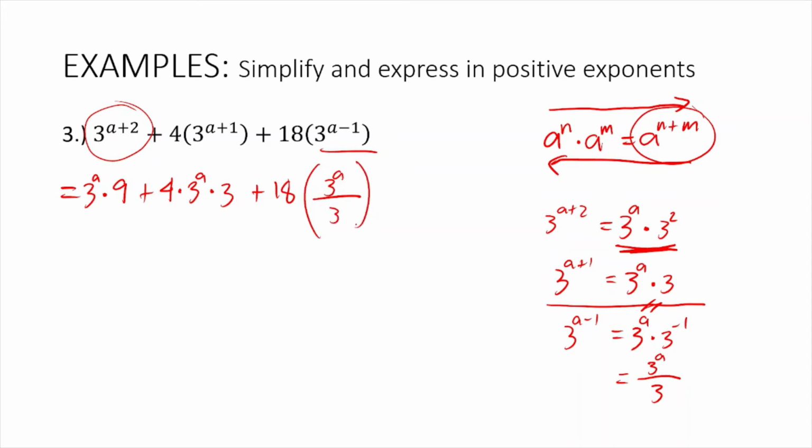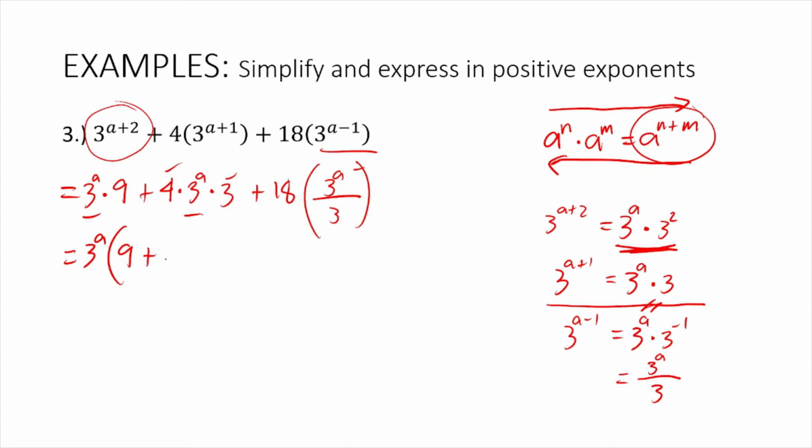Okay? And then, if you notice, there is actually a common factor between the 3 terms, and that would be 3 raised to the power of a. So we can factor out 3 raised to the power of a, and then we'll simplify the remaining constants. Factoring out 3 raised to the power of a, we are left with, for the first term, 9, plus, on the second term, 4 times 3, because we factored out 3 raised to the power of a.